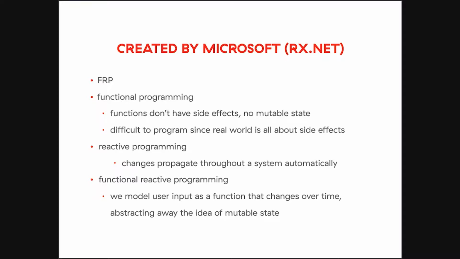I will just read it for you. We will model user input as a function that changes over time, abstracting away the idea of mutable state. This may seem dumb right now, but when you think about it and when you start working with this, you'll get more sense of what it is.